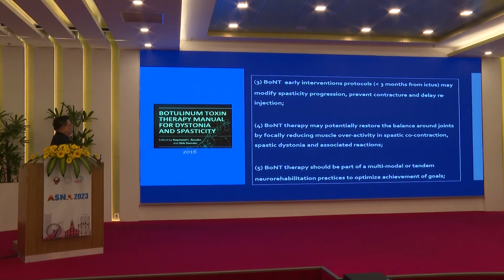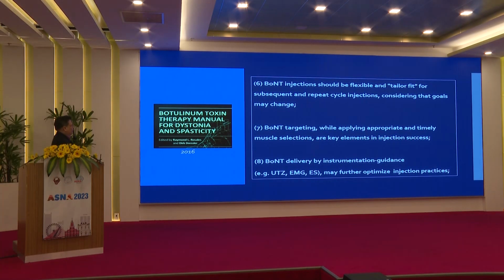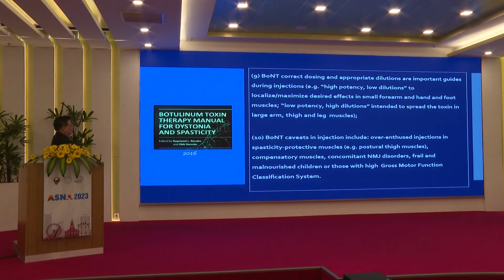Early interventions may now modify spasticity progression, prevent contracture, and delay reinjection, and may potentially restore the balance of joints that have been focally reduced because of spastic co-contraction, dystonia, and associated reaction. However, it is a cardinal rule that I do in the clinics that I always do botulinum toxin in tandem with rehabilitation. And of course, the beauty about botulinum toxin is you can tailor fit it and you can target the muscles, and whether you do instrument guidance or not, that is one other thing.